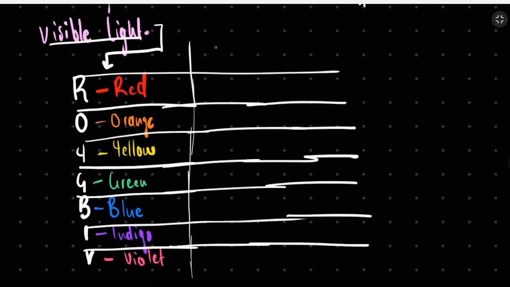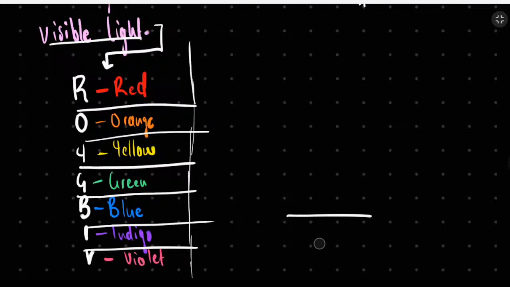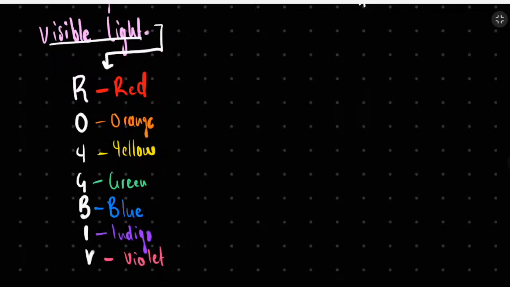I don't need you to know the exact wavelength values. Red has the longest wavelength, and violet has the shortest wavelength. Are we together?